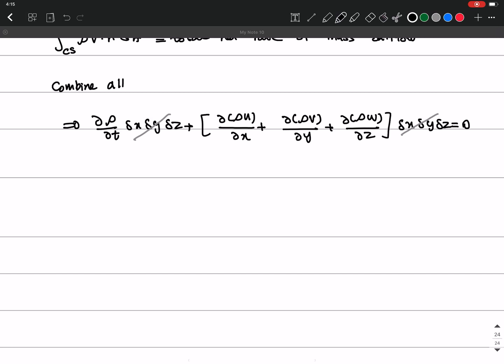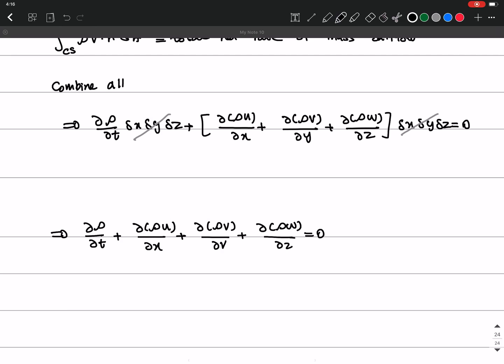Okay, so this gives me partial rho over partial t plus partial rho u over partial x plus partial rho v over partial y plus partial rho w over partial z equals to 0.